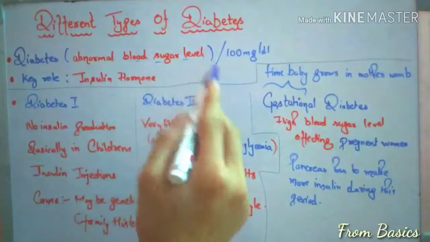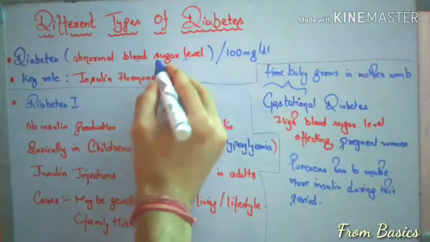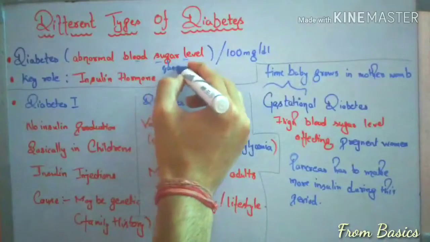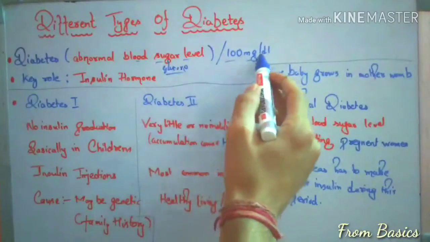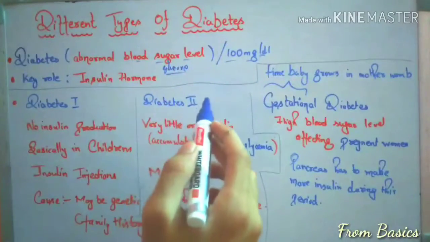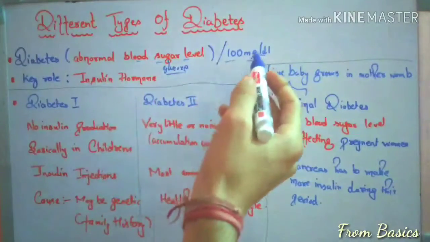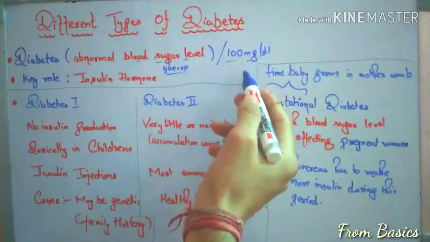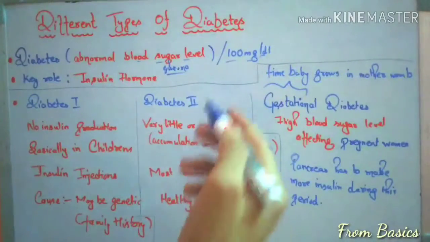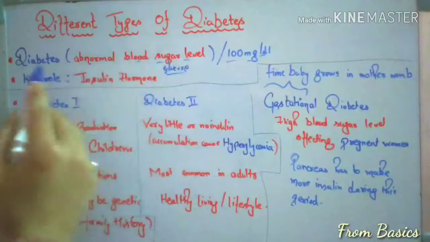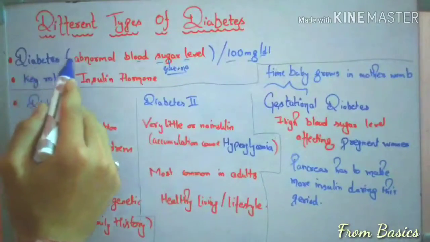The normal blood sugar level, or you can say blood glucose level, in our body is 100 mg per deciliter. If the level is more than 100 or less than 100, it can lead to a number of diseases. But we are discussing diabetes right now.